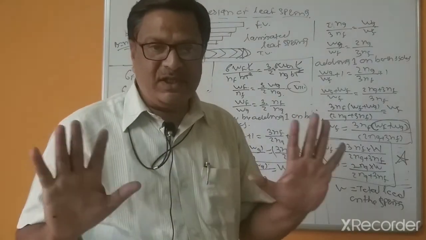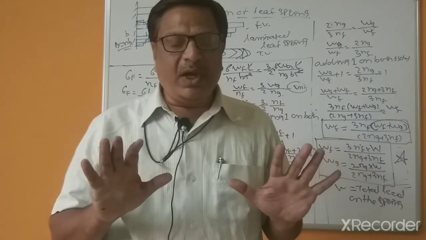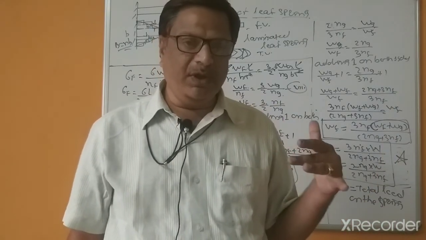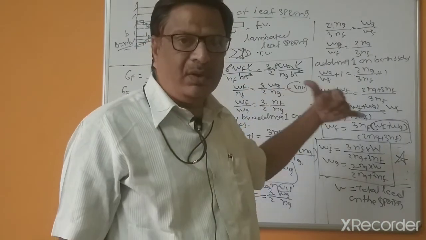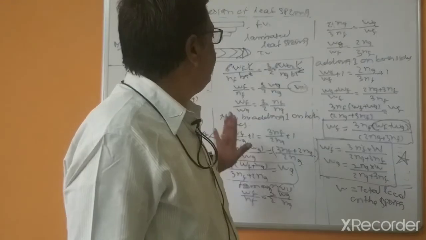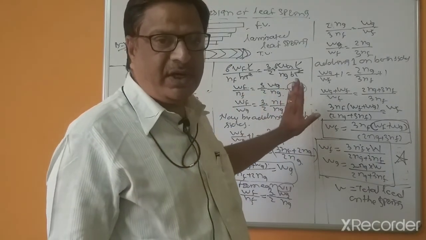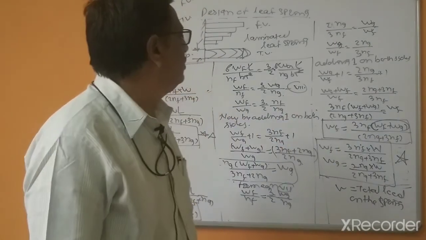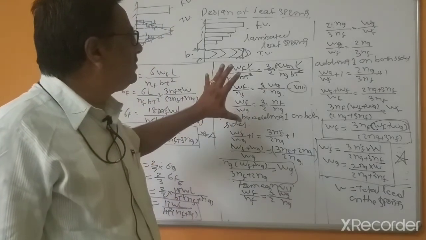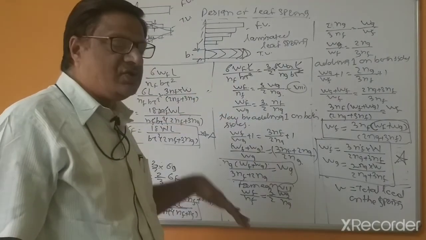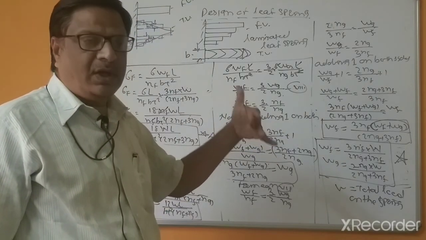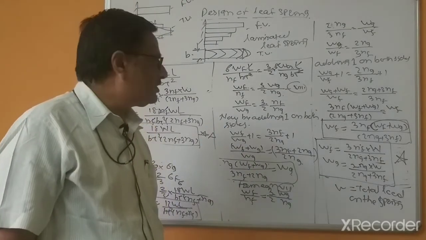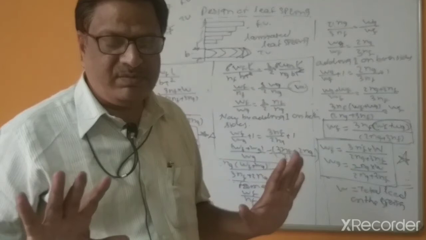As per the given syllabus, only constructions and design expressions of the leaf springs are mentioned, so I am skipping problems related with the leaf springs, because there is no numerical data asked for the design of the leaf springs. The remaining part, nipping and shot peening methods, I will explain in the next class, and we will complete this chapter.